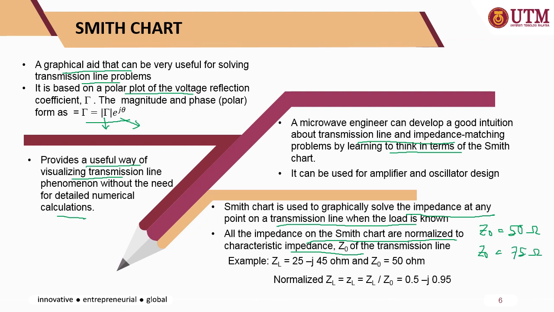But usually 50 ohm will be used as the characteristic impedance of the transmission line, so the load impedance is well matched to the system if it is close to Z0 equal to 50 ohm.